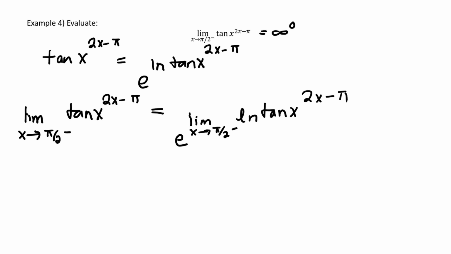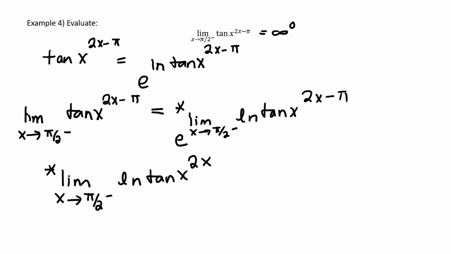We are going to deal with the power portion and then we'll raise it to the e value when we're ready. So we'll start here and look at the limit as x approaches pi over 2 from the left of the natural log of the tangent of x raised to the power of 2x minus pi.